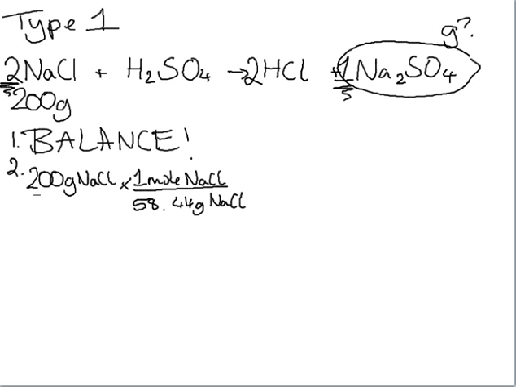You multiply 200 by 1, which is 200, and then divide it by 58.44, and that gives you how many moles are in 200 grams. Okay, that's the first step: grams to moles. It's very simple.